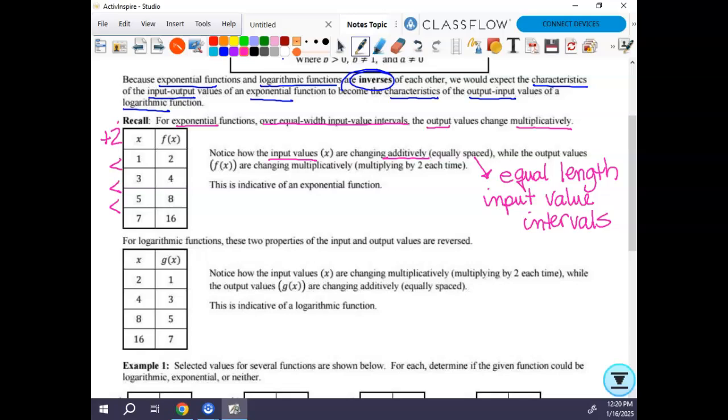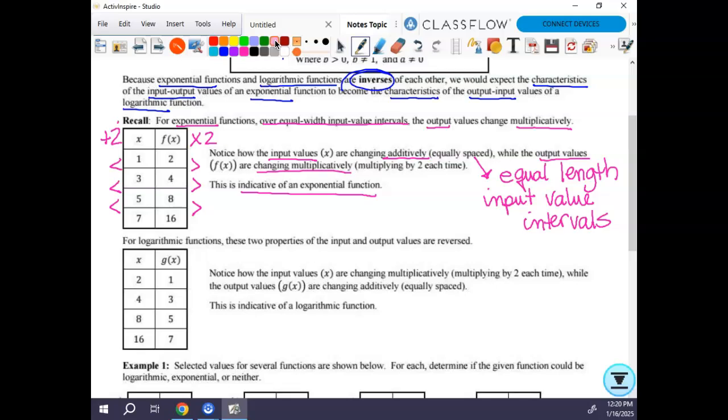So input values are equal length, while the output values are changing multiplicatively. Here, each time they're being multiplied by 2. If this is the type of pattern you see in your tables, that is indicative of an exponential function. That's something we've already looked at and determined. That's how we know that it's exponential.